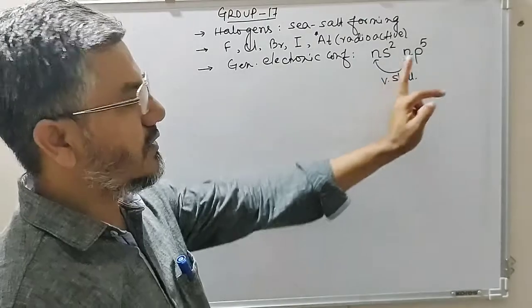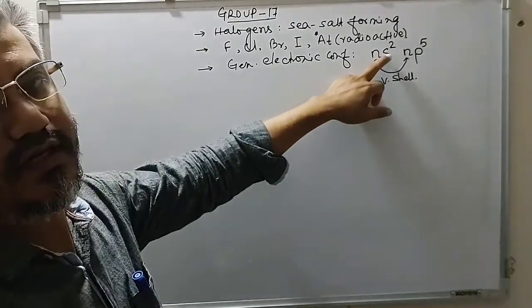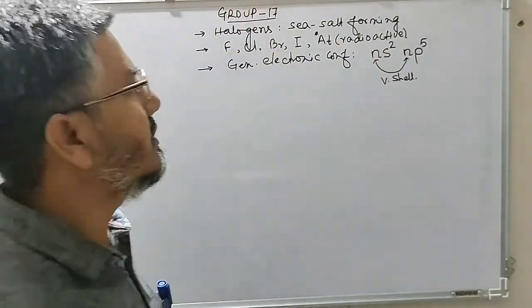If you look at this electronic configuration, we have 2 electrons in s orbital and 5 electrons in p orbital.